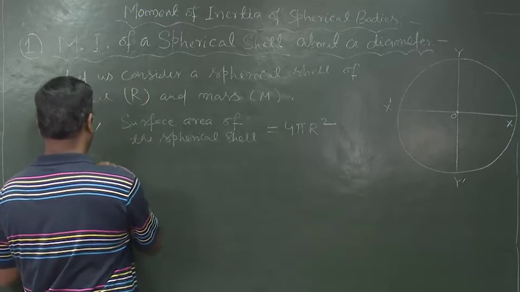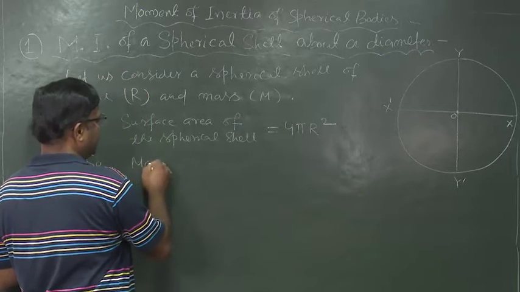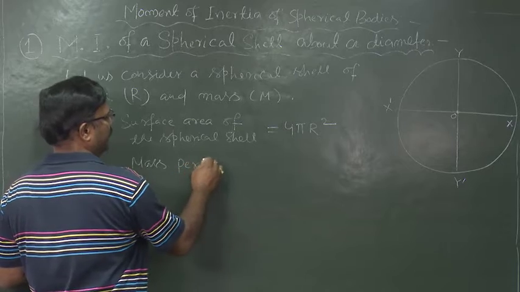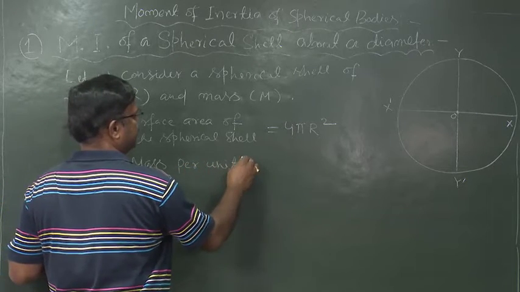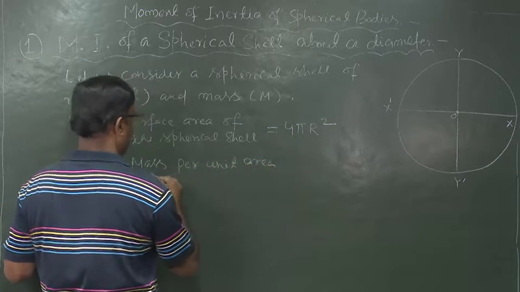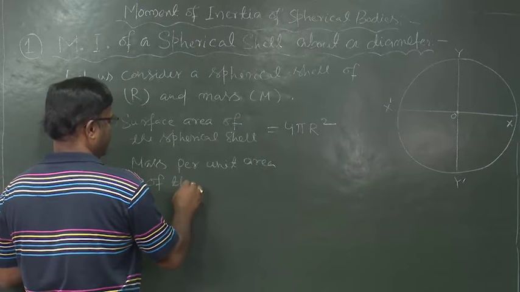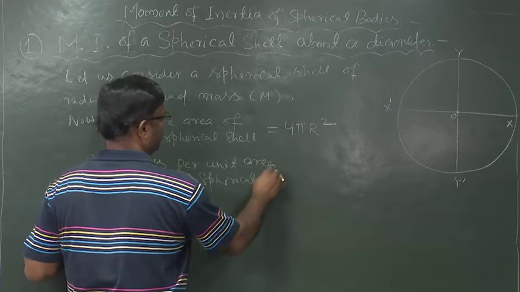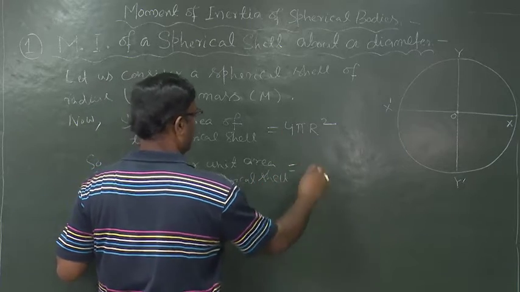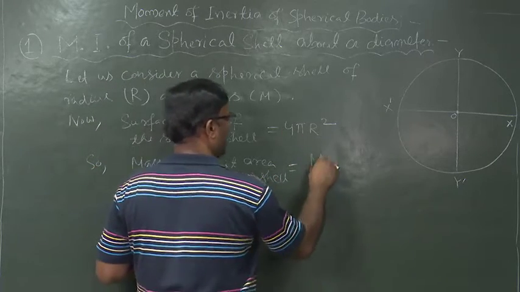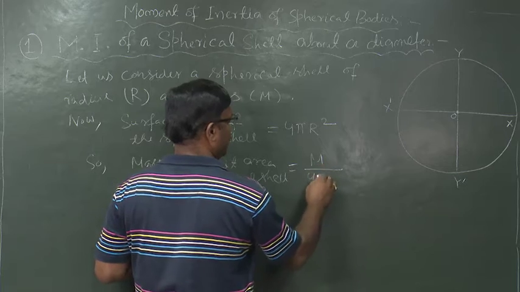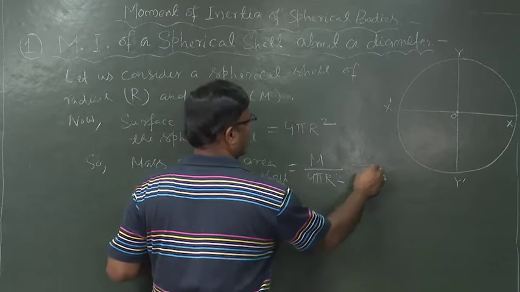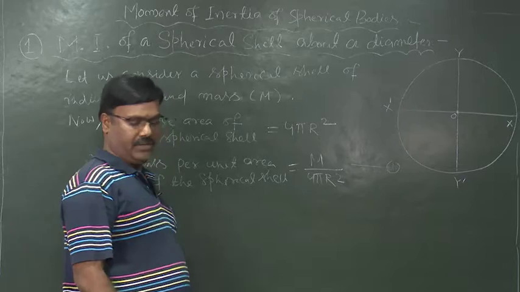So, mass per unit area of the spherical shell is equal to m by 4 pi r square. Let this be equation 1.